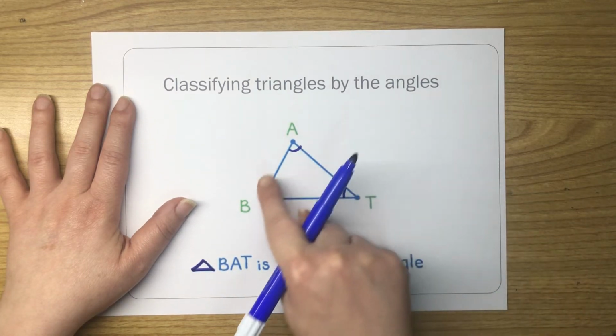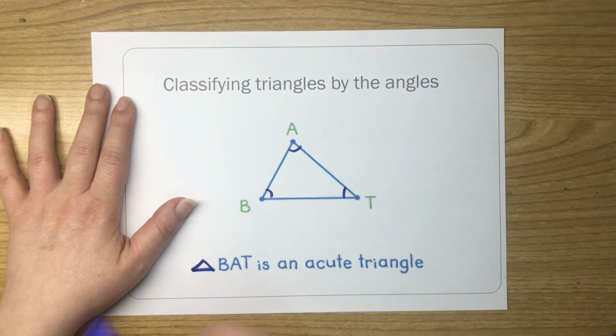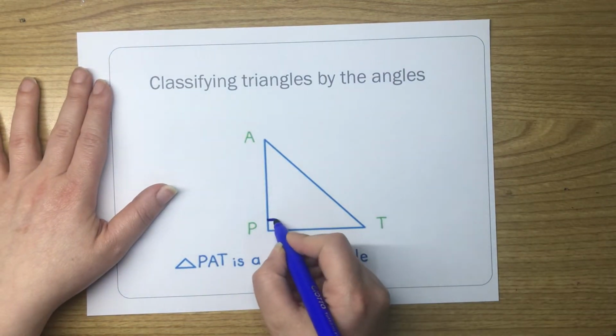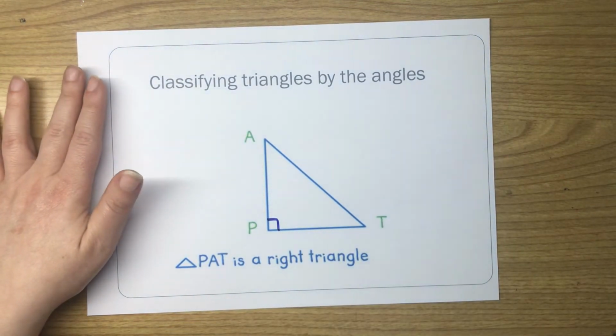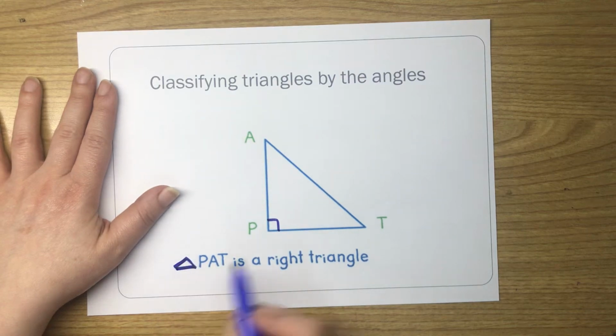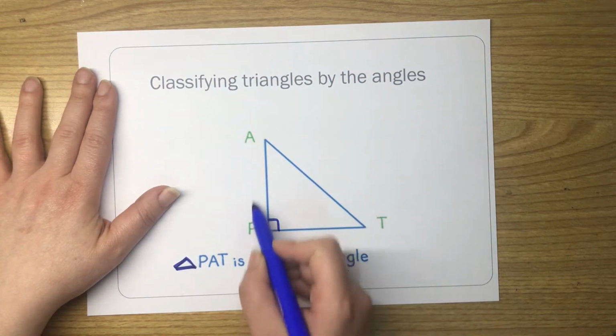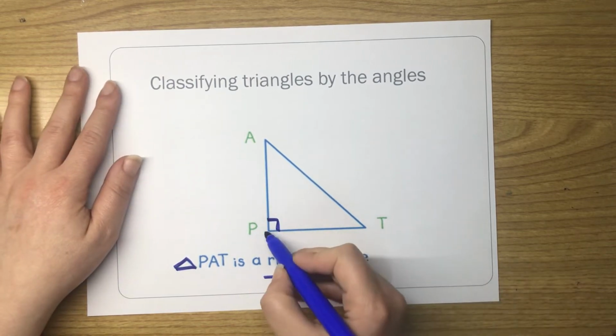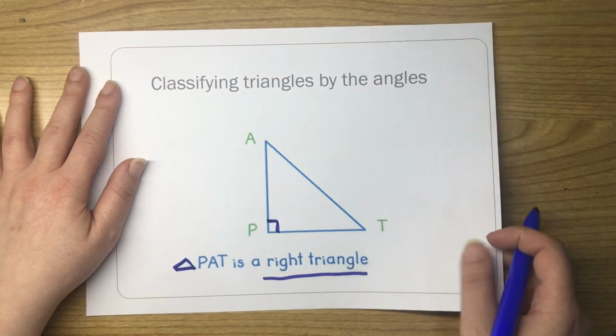Because all three angles are acute. The third, when a triangle has a right angle, in this case triangle PAT, the triangle PAT is a right triangle. Why? Because it has a right angle at vertex P.